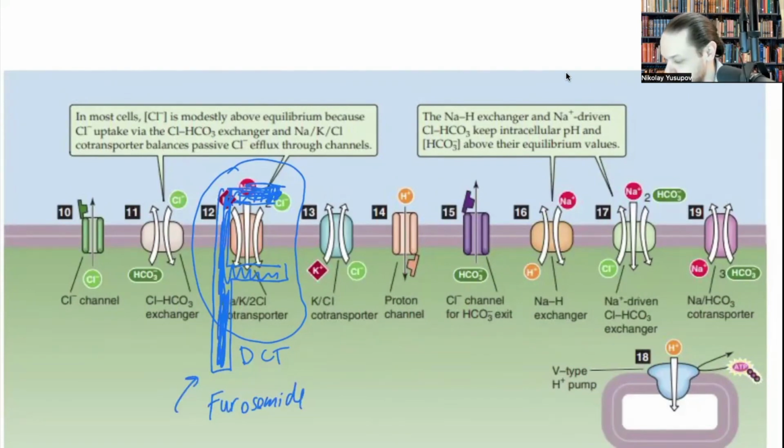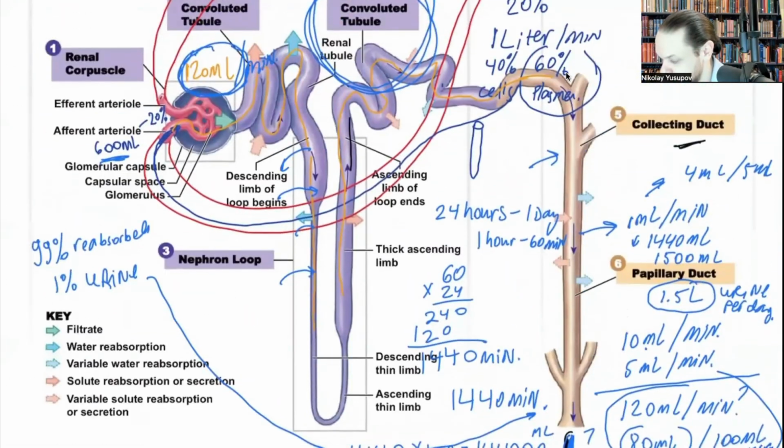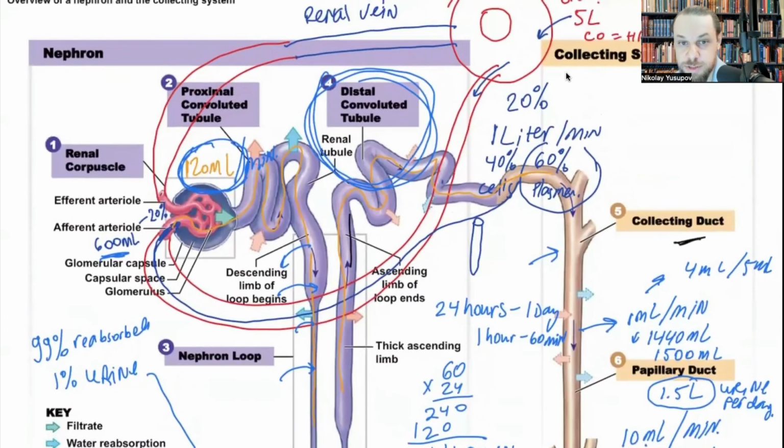What it does, you see, is block sodium-potassium 2-chloride. We're going to talk specifically about the effects of this, but in your mind, what you want to remember is furosemide, they call them loop diuretics, and the way they work is they block the sodium-potassium 2-chloride co-transporter, which is found in the distal convoluted tubule, which I circled here.